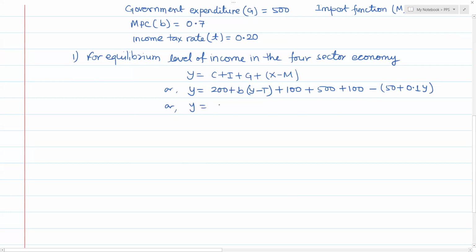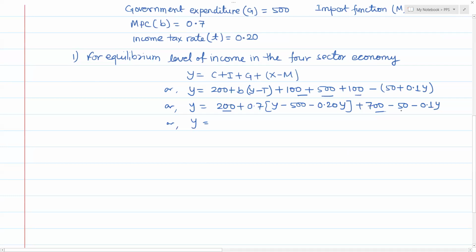So Y is equal to 200 plus 0.7, the marginal propensity to consume, times (y minus (500 plus 0.20y)), plus 100 plus 500 plus 100, which is 700, minus 50 minus 0.1y.